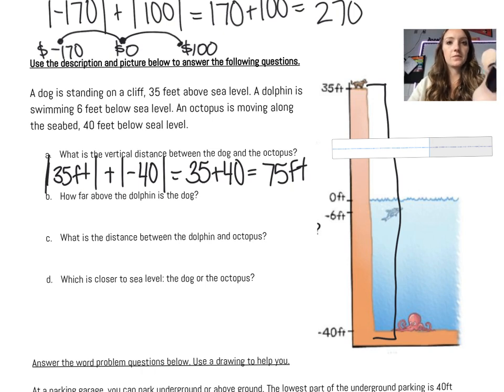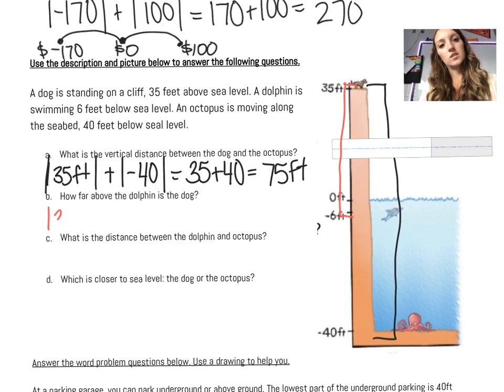All right, next one. How far above the dolphin is the dog? So now we're looking at the dog compared to the dolphin. My dog's distance to 0, to sea level, is going to be that 35 again.